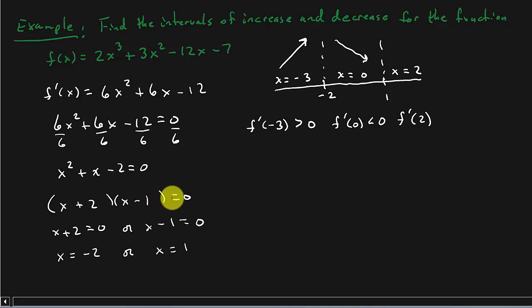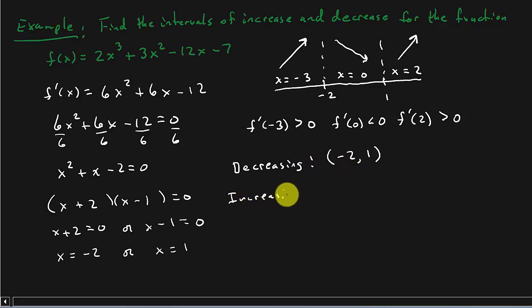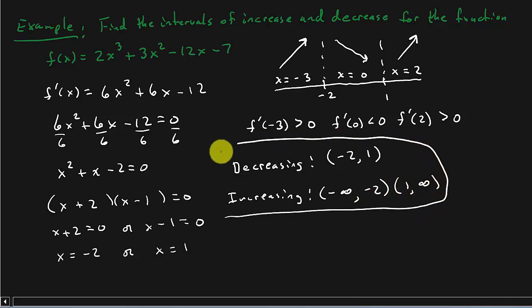A positive times a positive is positive, so this is increasing. So it's decreasing on the interval -2 to 1, and it's increasing on the interval -∞ to -2 and 1 to infinity. And that's what they're wanting to know.